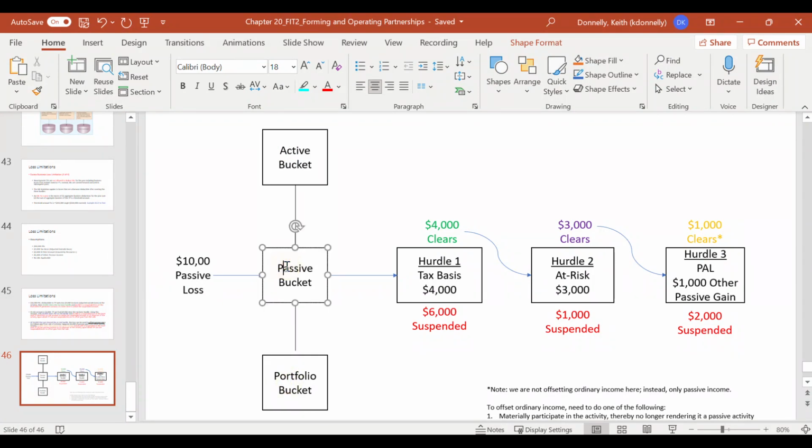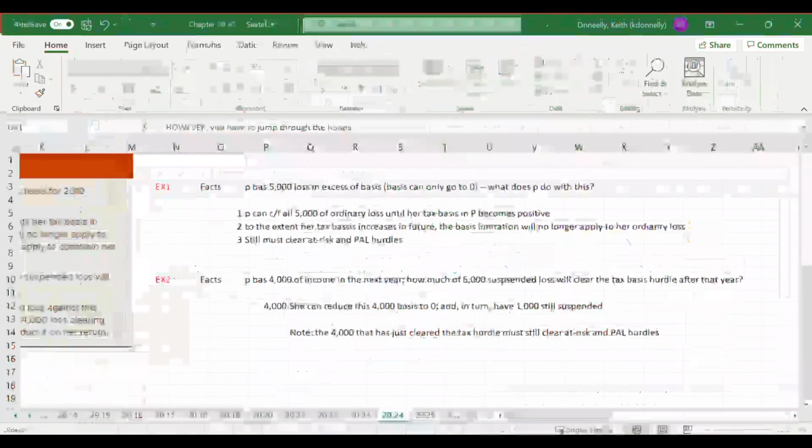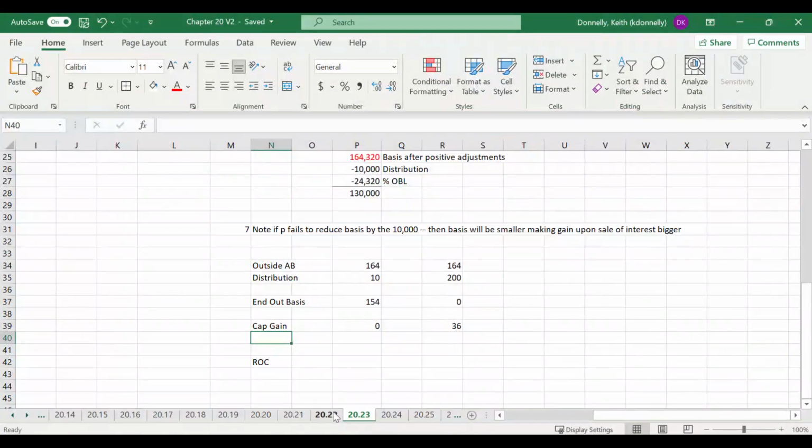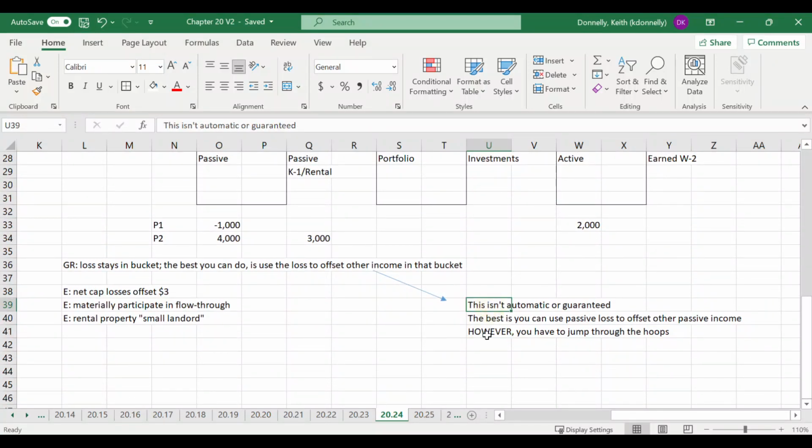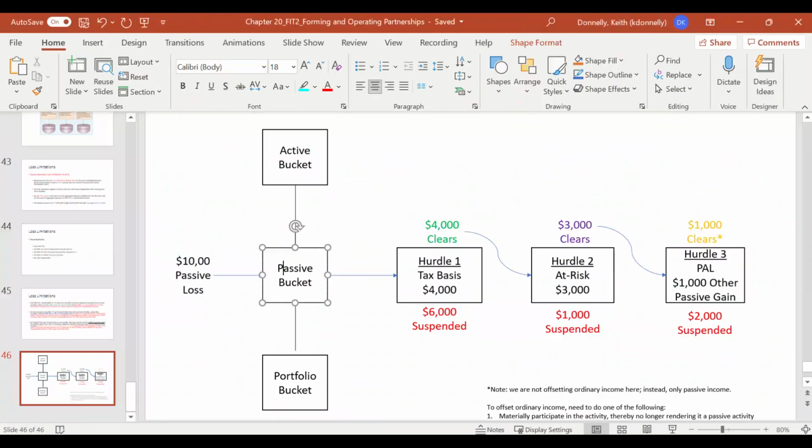This is purely the passive bucket. So we know the best we can do with this, according to the rules, is to use it to offset other passive income. The best we could do is if we had passive income here, we could do that. But we got to jump through the hoops to do it.